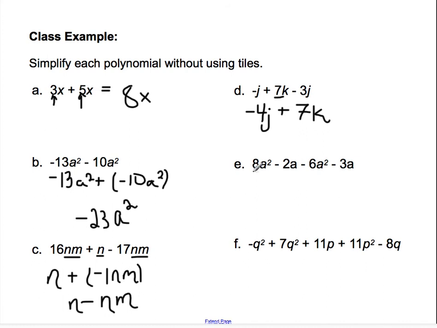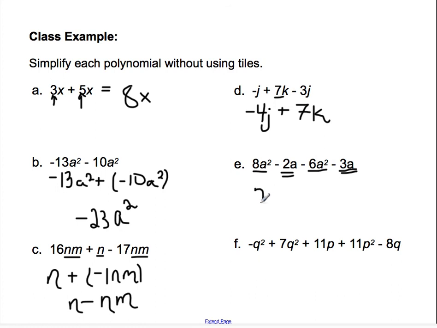So here we have an a squared and a negative 6a squared, and we have negative 2a. I'm going to put 2 lines underneath it to distinguish my like terms. I put 1 line underneath because those 2 are like, and these 2 because they are like. So 8a squared, I have 8 white and 6 black.